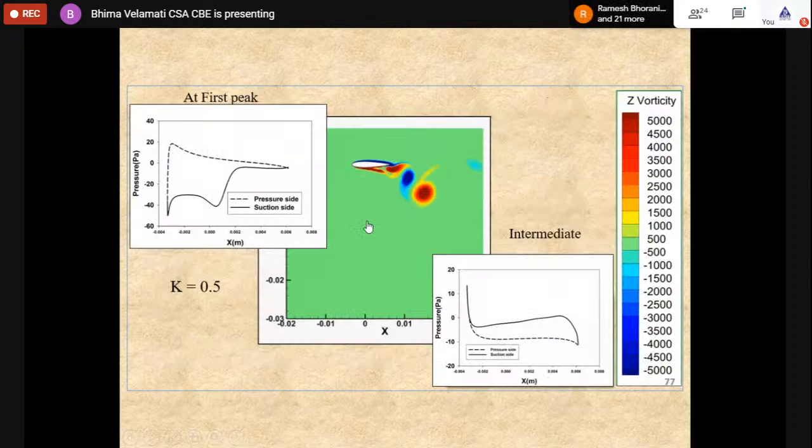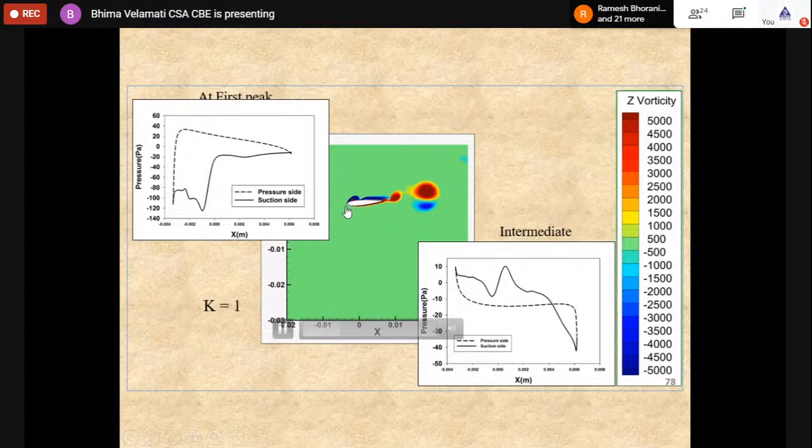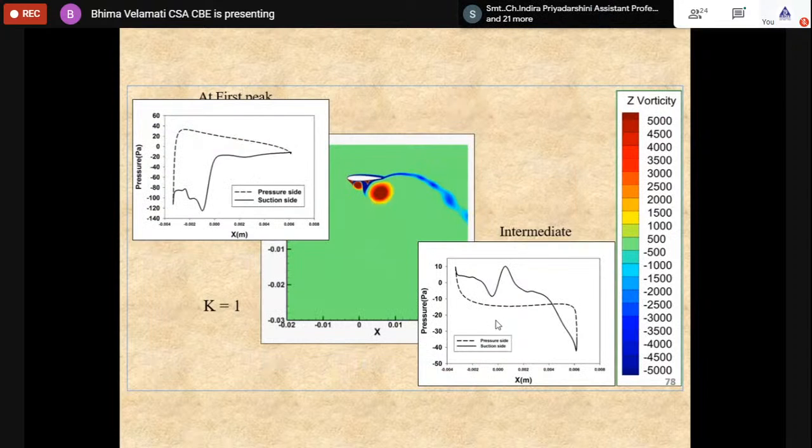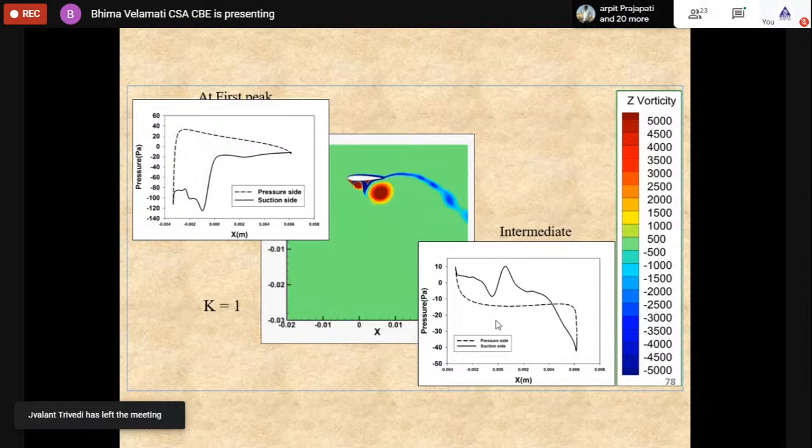So we try to analyze at the leading edge section how it is happening, and at the intermediate section how it is happening, which would give us an idea how thrust can increase if I increase the K, my frequency.